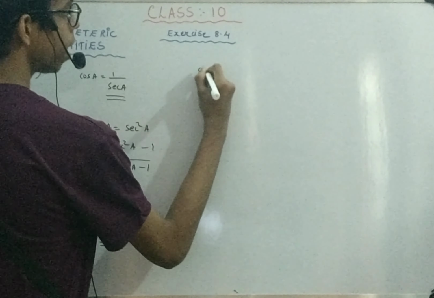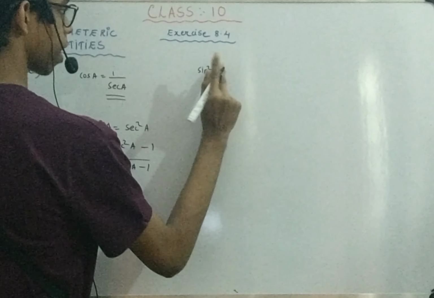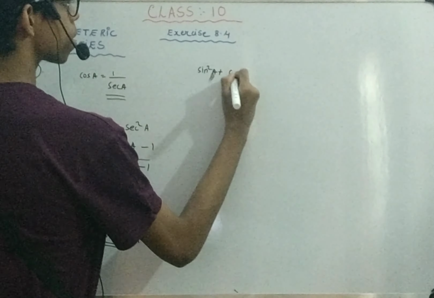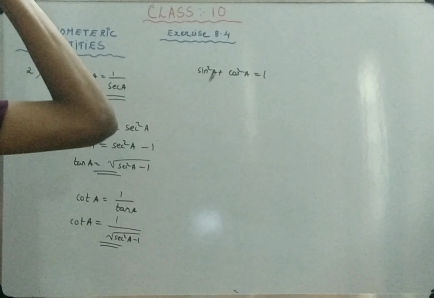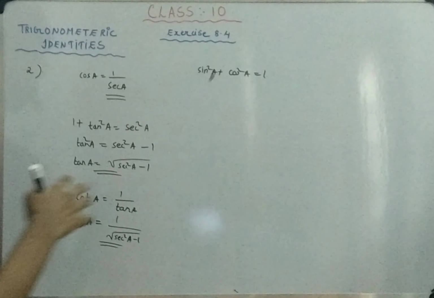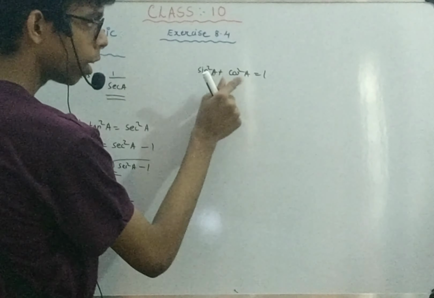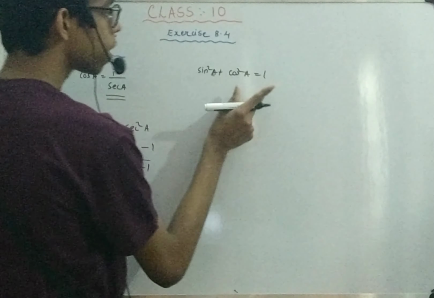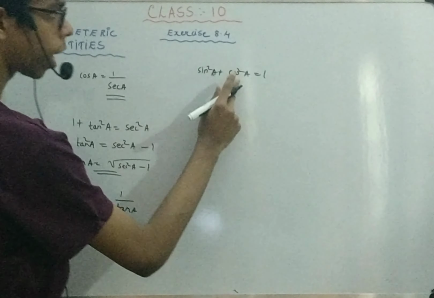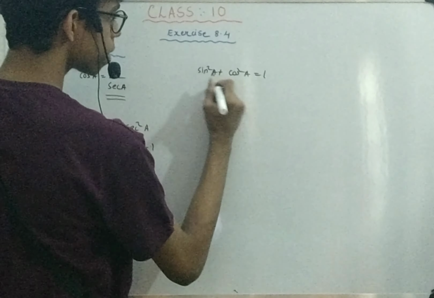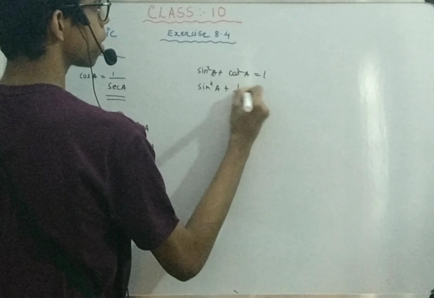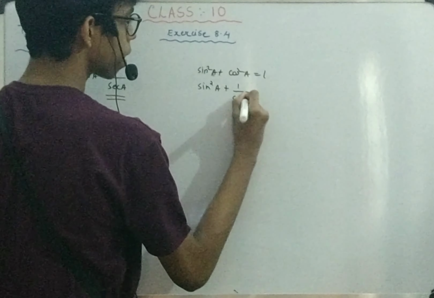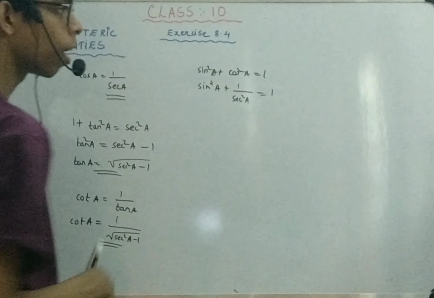Now our identity: sin square a plus cos square a is equal to 1. Okay, now നമുക്ക് ഇവിടെ ഒരു sec ഉണ്ട്. Okay, so for that നമുക്കറിയാം cos ന്റെ reciprocal ആണ് sec. So I can write this cos square a as 1 by sec square a. So I am writing sin square a plus 1 by sec square a is equal to 1.